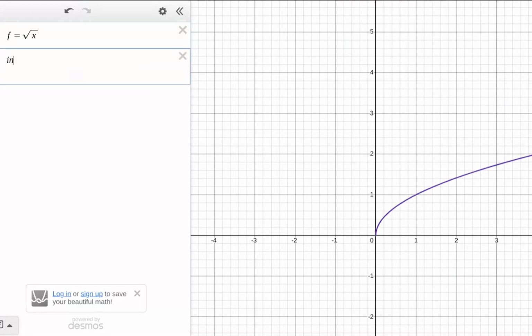And so what I want is the integral from 0 to 4 of f dx. That's 5.333. So that would be like what? 16 thirds, I think. Let's see, 5 would be 15 thirds. Yeah, 16 thirds. 5.333.